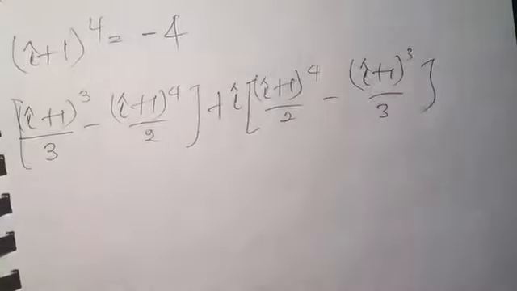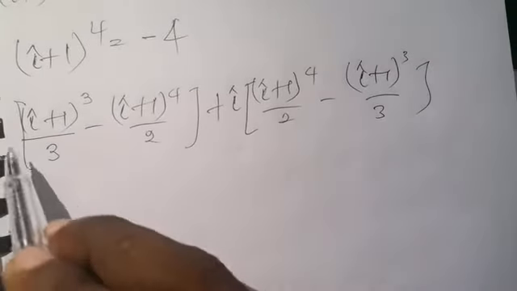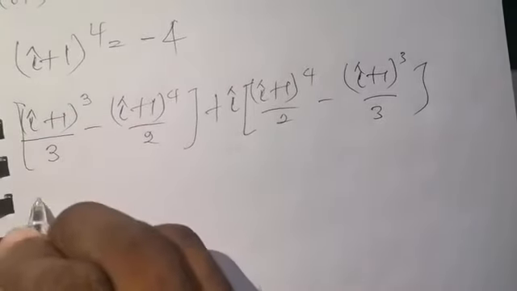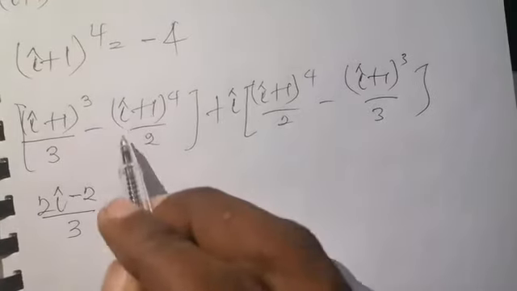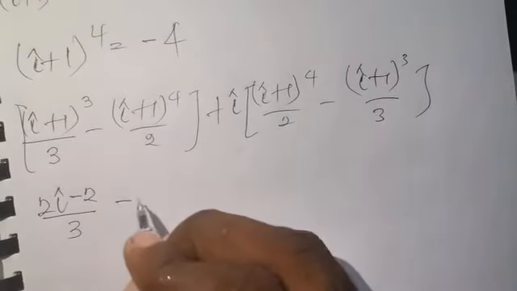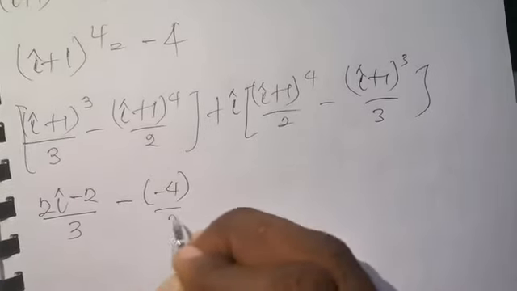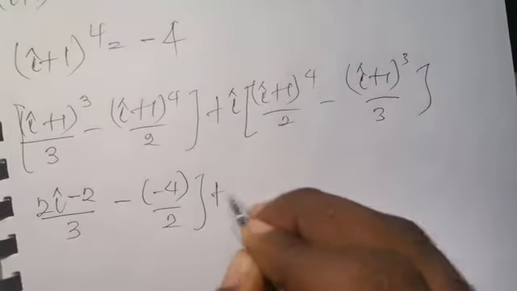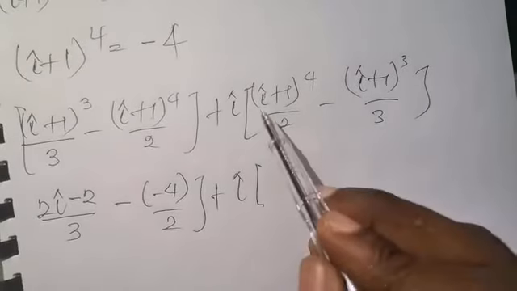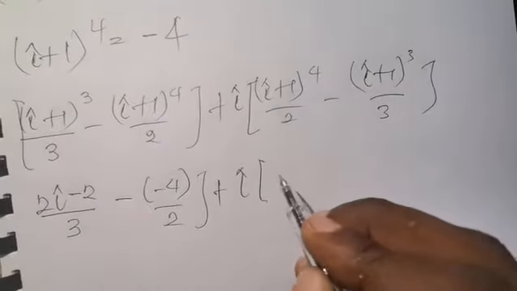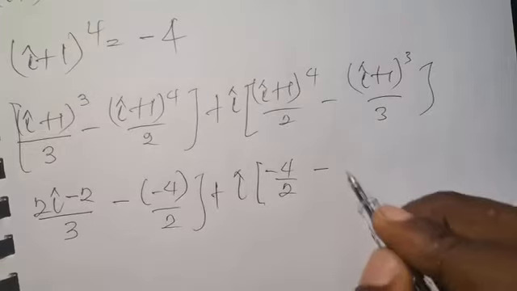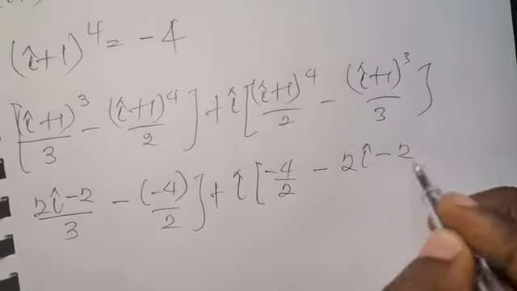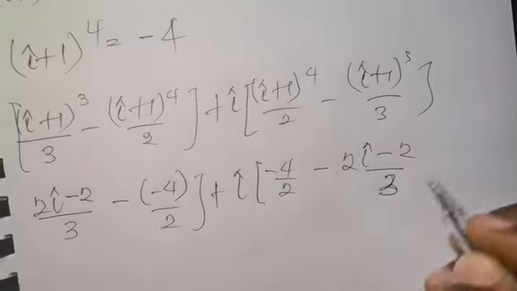Now we plug these values into the integral. Plugging the values into the integral, not forgetting (i+1)^3, that gives us (2i minus 2) all over 3, minus (i+1)^4, which gave us minus 4, all over (2 plus i), times once more (i+1)^4, which gave us minus 4, all over (2 minus i), times (i+1)^3, which gives us (2i minus 2) all over 3.